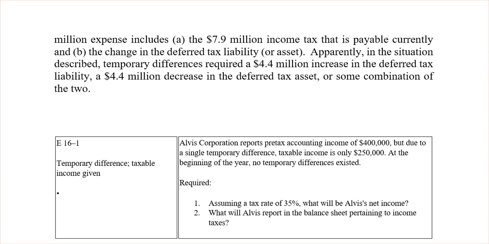Alvis reports pre-tax accounting income of $400,000, and then they go down to $250,000. If you subtract, which is what you're doing, and be sure you put the net income number on the top and the tax form number on the bottom, you're creating a liability. And they ask a little bit of a different question though.